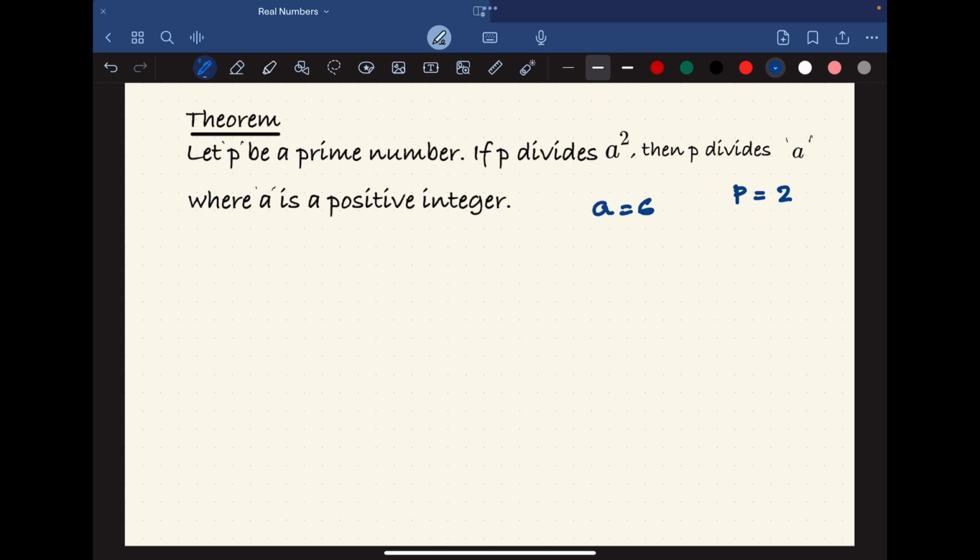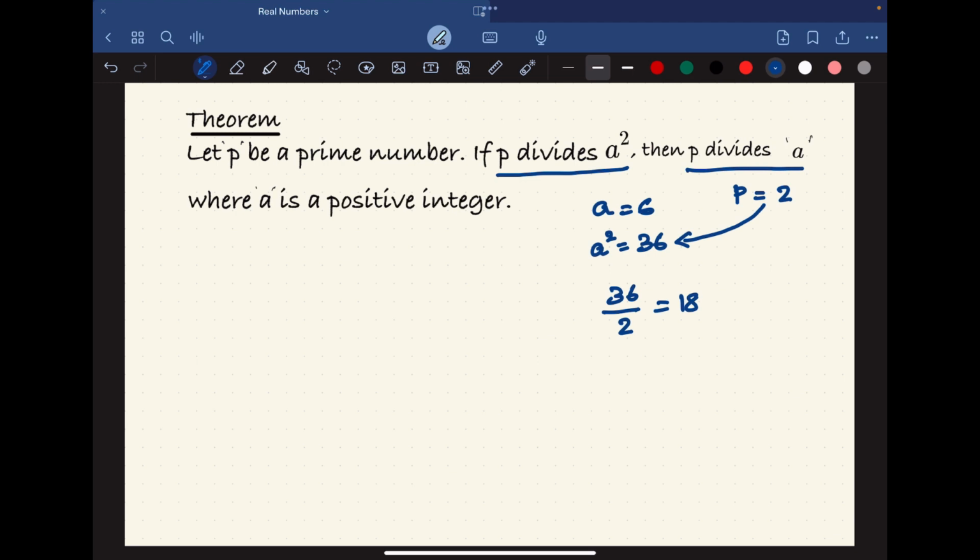If p divides a square, what is a square here? 36. 36 divided by 2 is equal to 18. Yes, it can divide 36. That means p can divide a square, then p divides a.